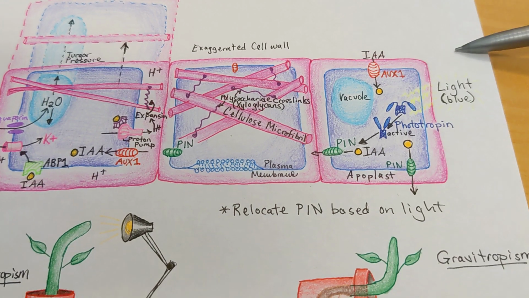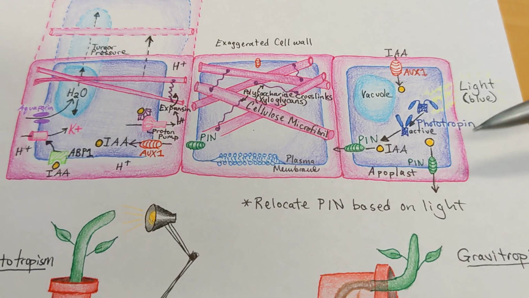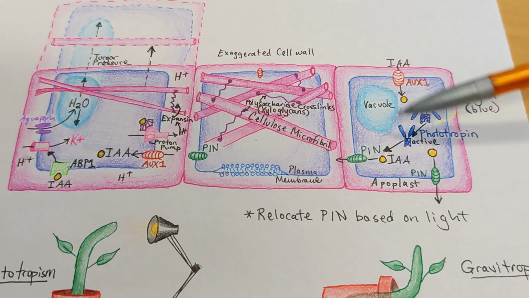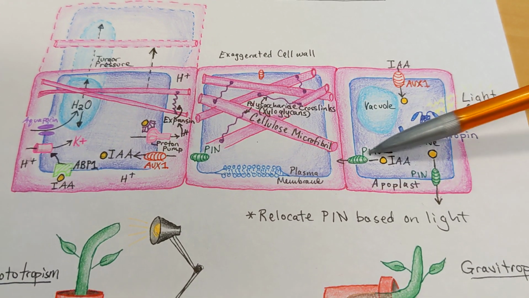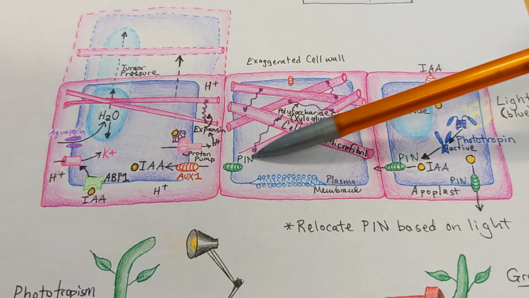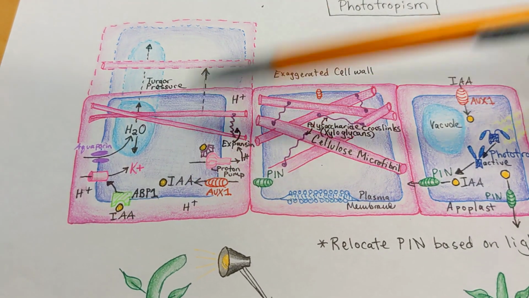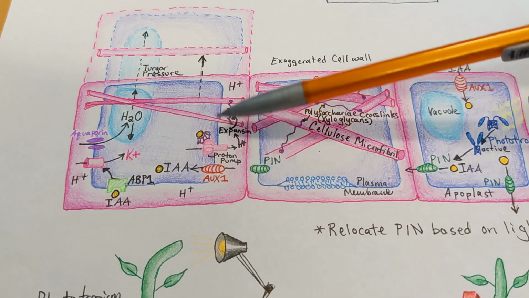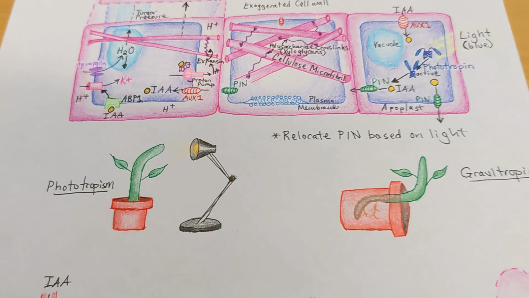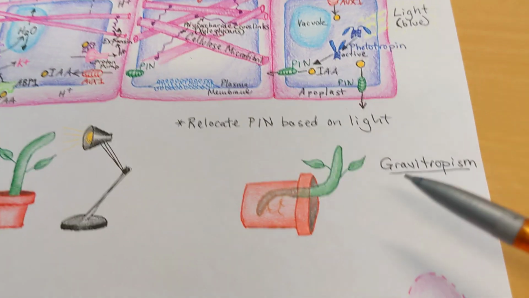But in response to light sensed by phototropin, these PIN exporter molecules are going to be translocated or at least inserted into the membrane on the shady side of the cell, ultimately pushing auxin to the shady side. Auxin is going to stimulate the lengthening of these cells. Okay. So that is phototropism.